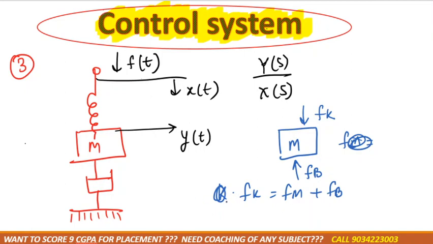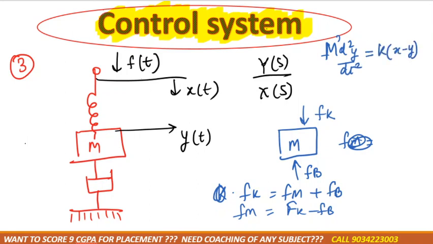Or we can say Fm is equal to Fk minus Fb. One and the same thing. So Fm is how much? M into d2y by dt square, right? Fk is how much? K into x minus y, and Fb is how much? B into dy by dt, right?